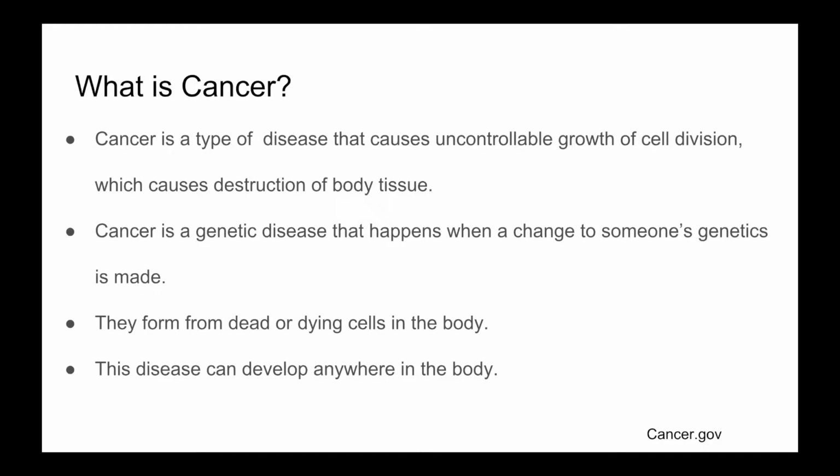You can also get cancer from genes. Like if your grandfather has it, it could eventually be spread down to your siblings and so on. And cancer can form from dead or dying cells in the body. This disease can develop pretty much anywhere in the body.